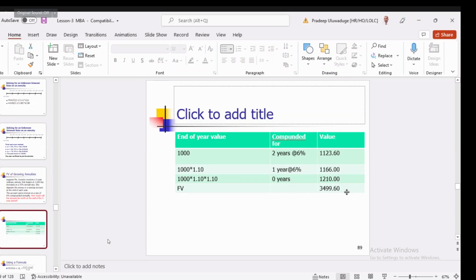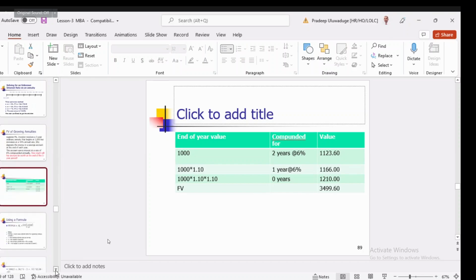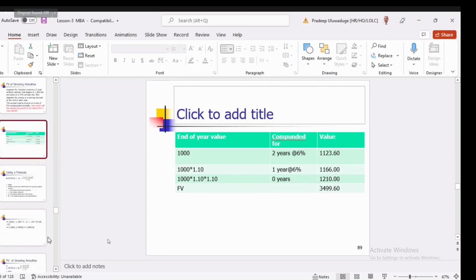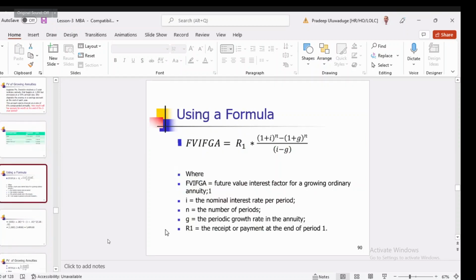Okay. So, growing annuities. The annuity grows at a fixed rate, right? You can either calculate it like this, or you can use this formula.